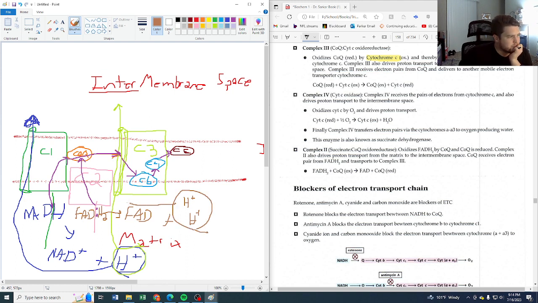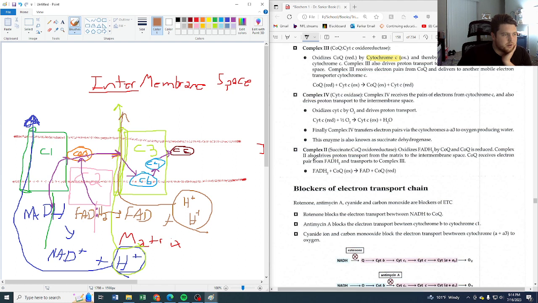These hydrogens also get pumped up through. So it's going to pass those electrons up to the CoQ as well and follow the same path and makes it to our complex 3.